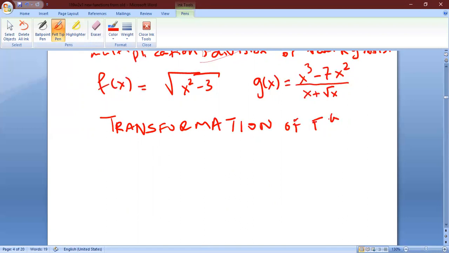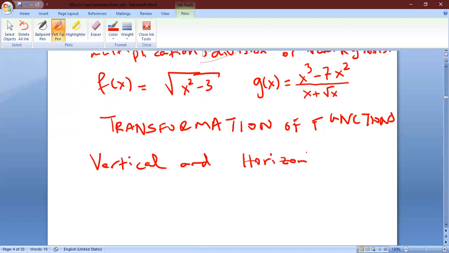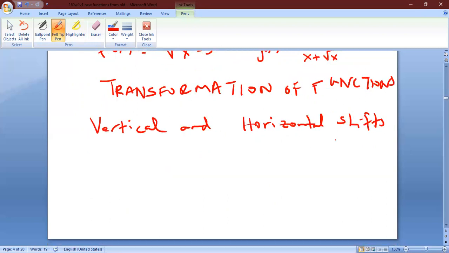I mean shiftings, for instance, vertical and horizontal shifts. For instance, y equals f of x plus c, let's say.